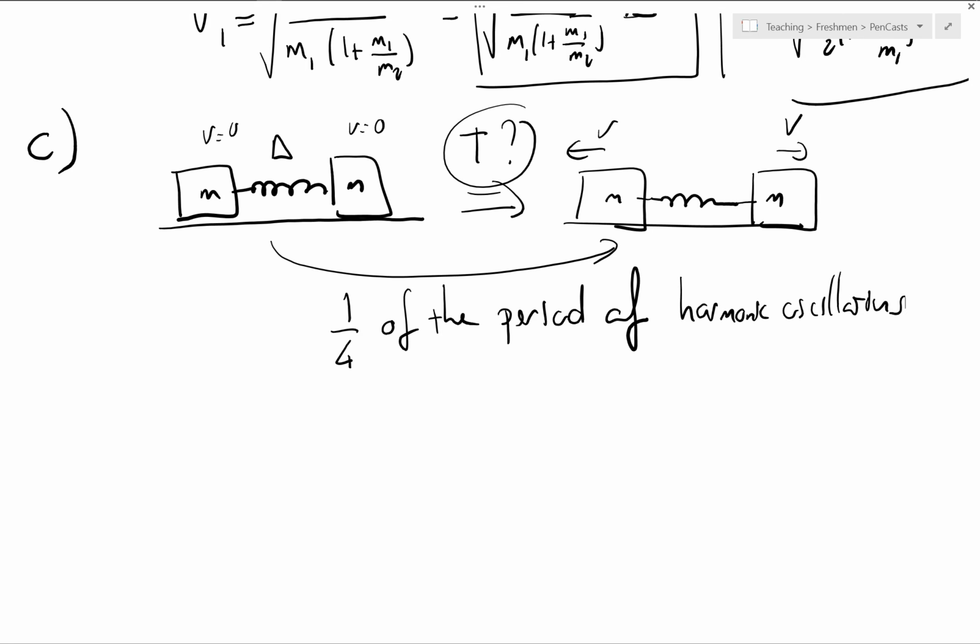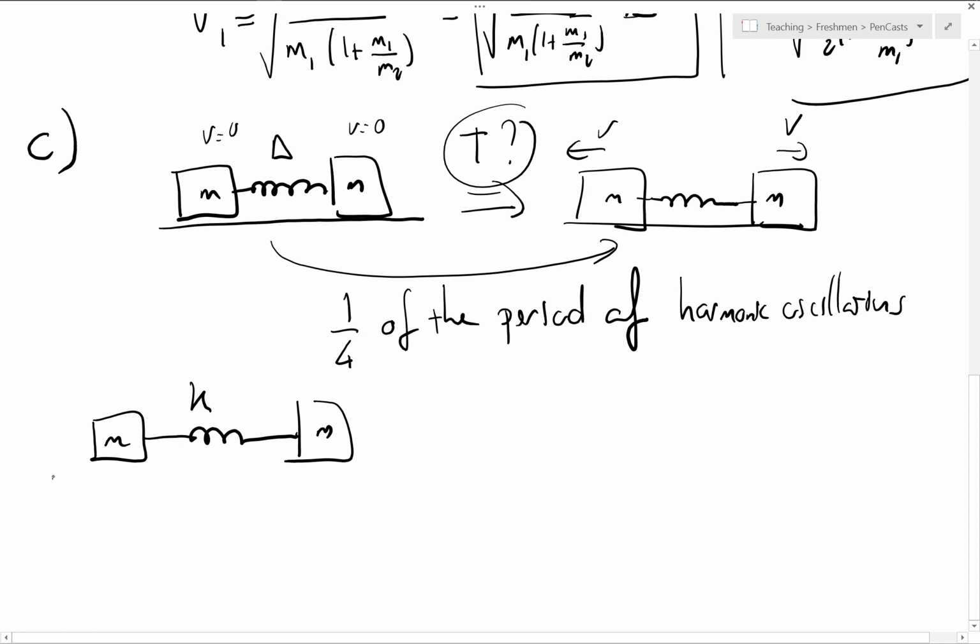So what is the period of oscillation of the system of two masses tied by a spring k? Well, clearly the system will oscillate around the center of mass. So the center of mass point will be immobile.